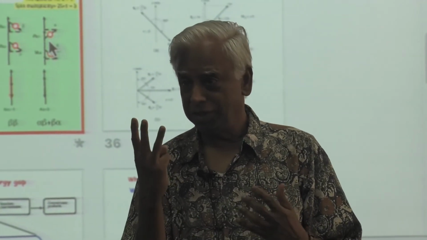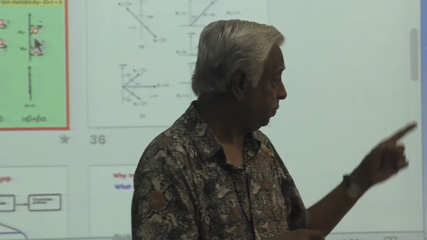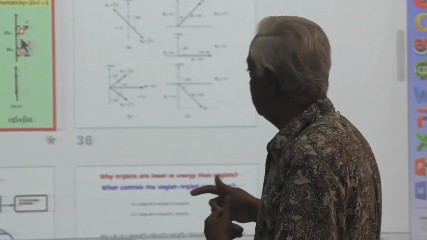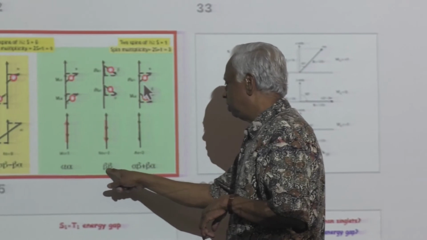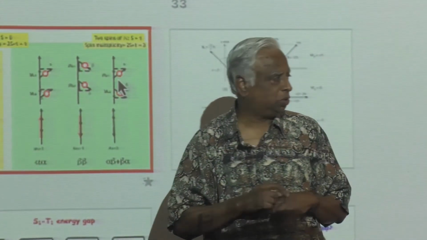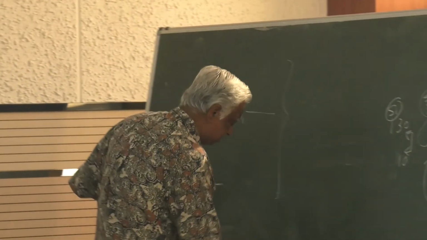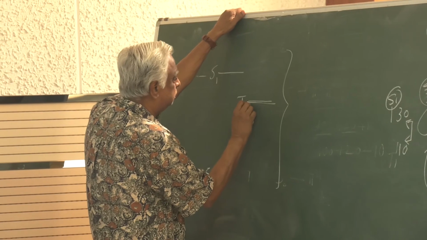Triplet means 3. So when you have the triplet, the 2 electrons with the same spin will have 3 different spin states: alpha alpha, beta beta, and the mixed one. So this triplet state normally has 3 different states. In fact it actually looks like this.